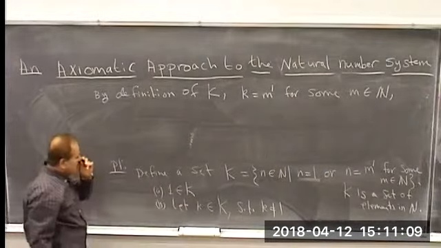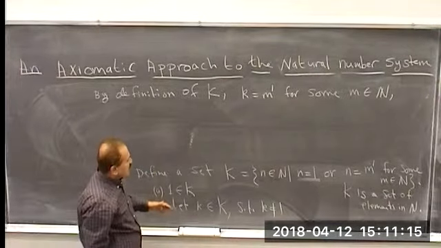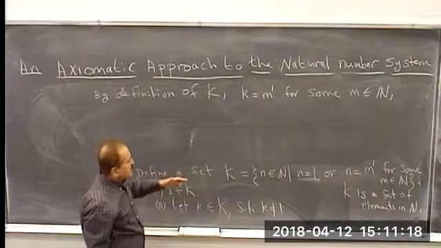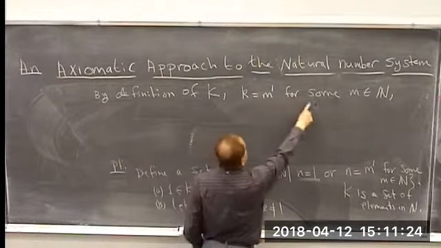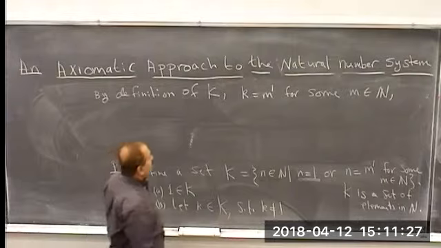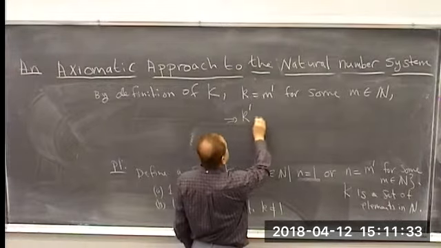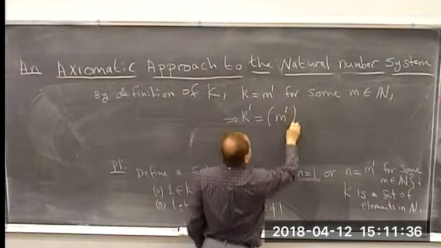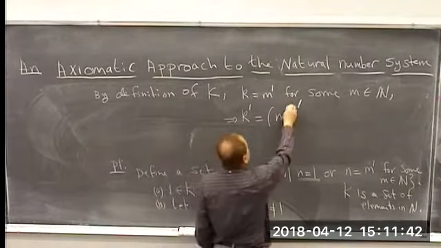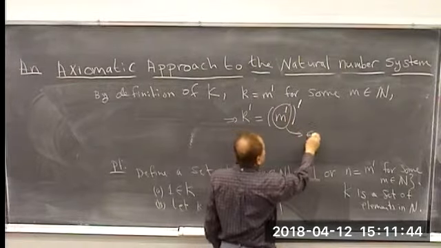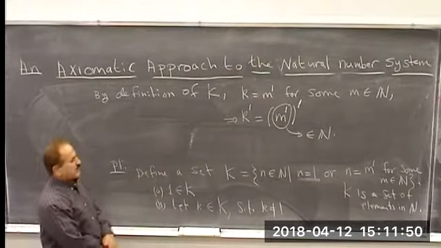Now remember in the induction axiom, we're going to show that if k is in K, then the successor of k is also in K. So we have k is a successor, and let's look at the successor of k. This implies it is the successor of m prime, and we already know that this is in N because the successor of any natural number is a natural number.